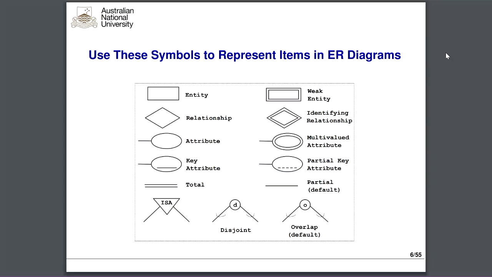Now, those are the symbols to represent items in the diagram, right? So now think about it. Suppose, say, 50 years ago, because this was developed about 50 years ago. Say 60 years ago, when we talk about these kinds of things, what can we do?